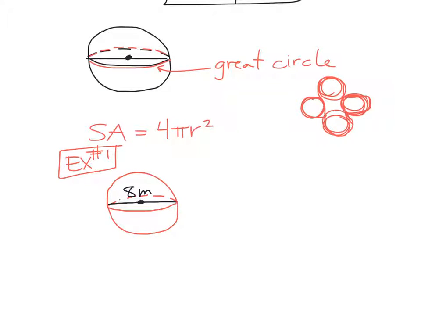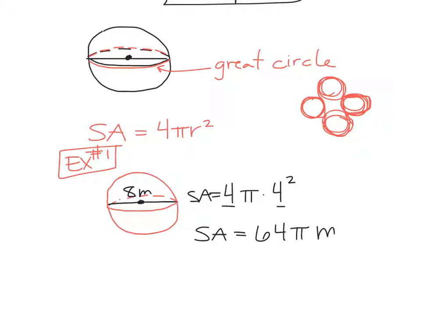If the diameter is 8, the radius is 4, so 4 pi times 4 squared. Leaving it in terms of pi, 4 times 16, your surface area would be 64 pi. How do I label it? It's area.